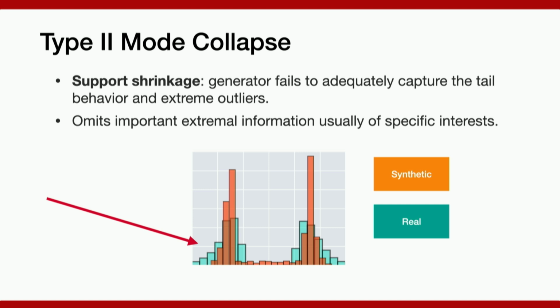You will see that if you stare at the left and right tails of the image closely, the orange actually doesn't place any mass there. And practically, this means that my synthetic data omits important extremal information. And usually, across disciplines, these extremal tail information are of specific interest. So for example, in econometrics, the upper and lower tails of the income distribution are of specific interest to policymakers.